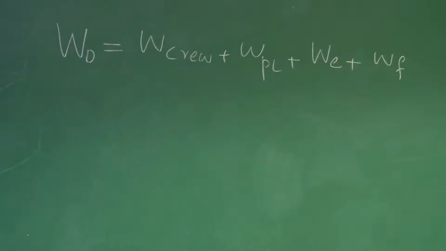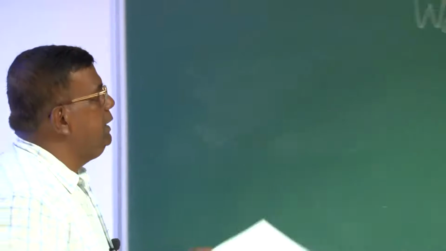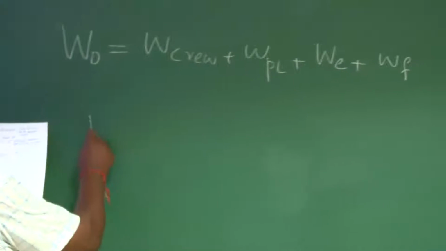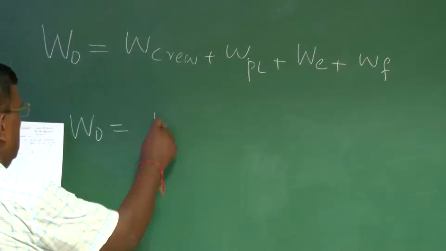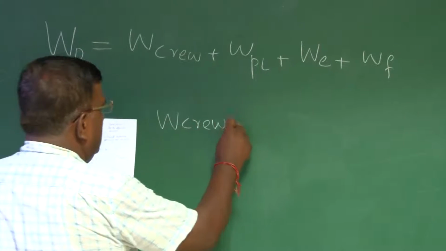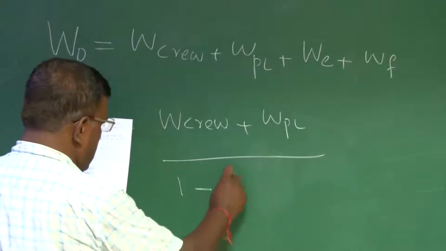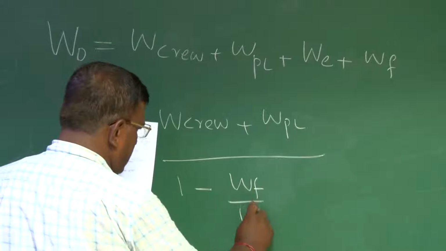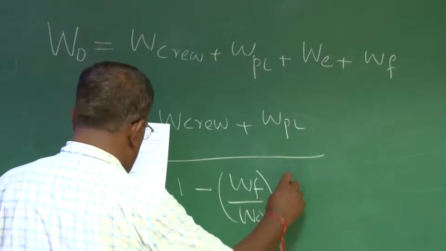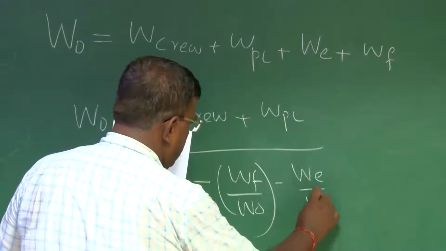Right? We segregated it like this. And then I can express W0 equal to W crew plus W payload divided by 1 minus WF by W0 minus WE by W0.